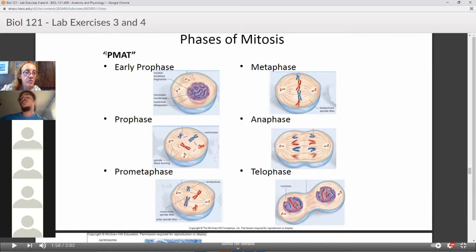Sometimes it helps if I put an I in front of this and say IPMAT, because that means interphase is first. So interphase, prophase, metaphase, anaphase, and telophase. But when I want to know just mitosis alone, it's PMAT: prophase, metaphase, anaphase, and telophase.